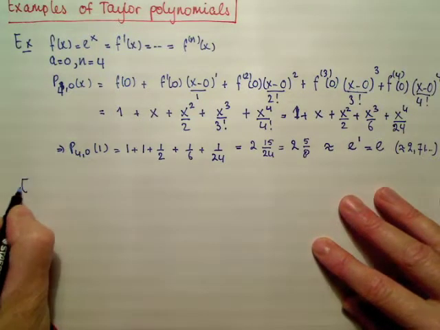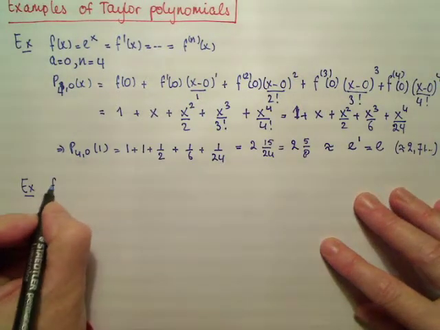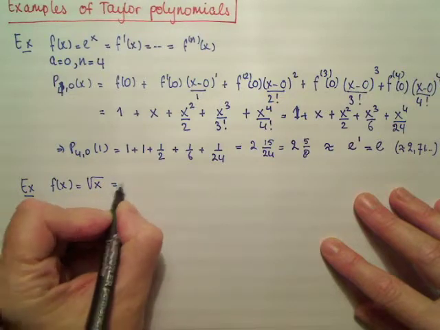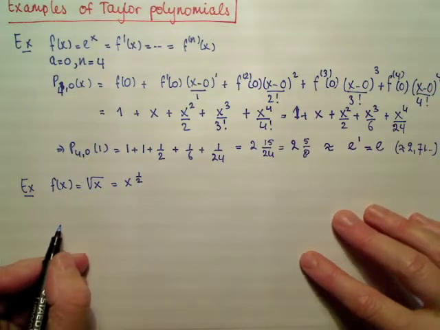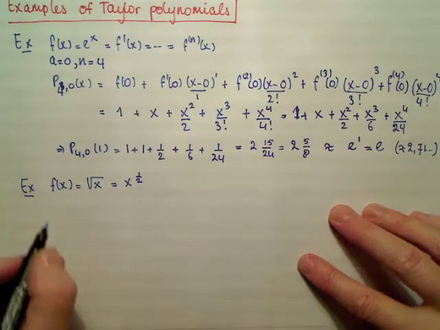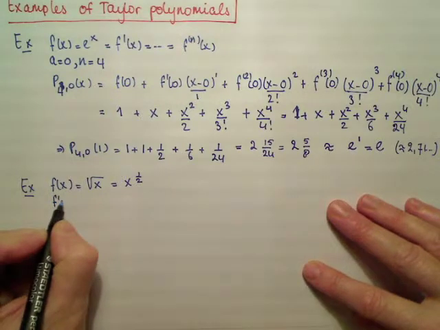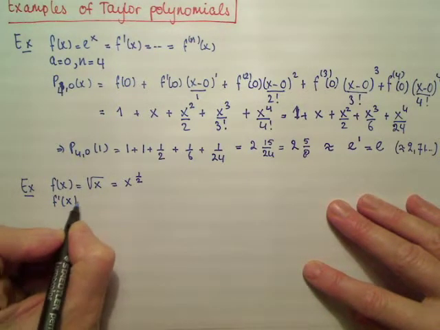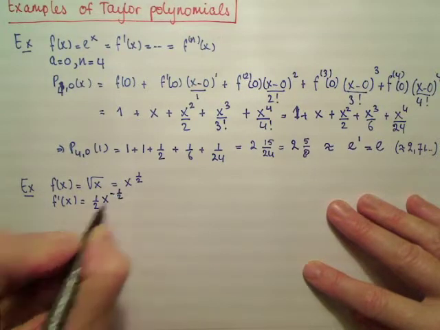Another example where the derivatives are a little bit more complicated is when we look at the function f of x equals the square root of x. So for convenience it's better to calculate the derivatives explicitly, so let us do so up to the third derivative. So the first derivative is 1/2 multiplied by x to the power minus 1/2.